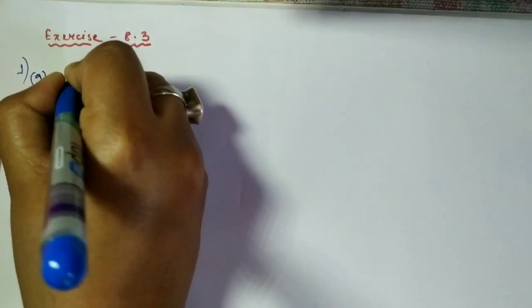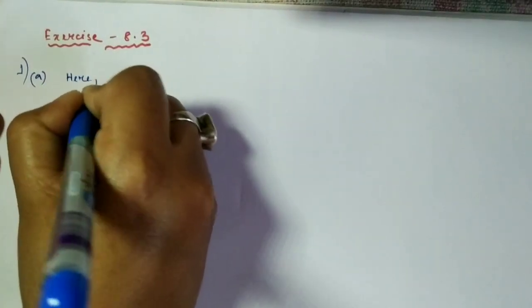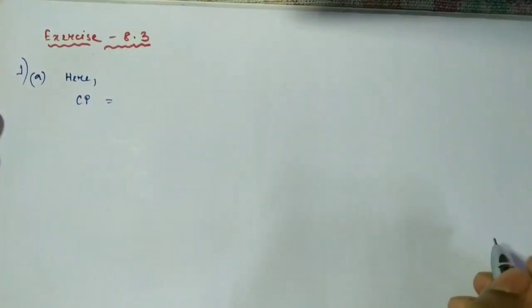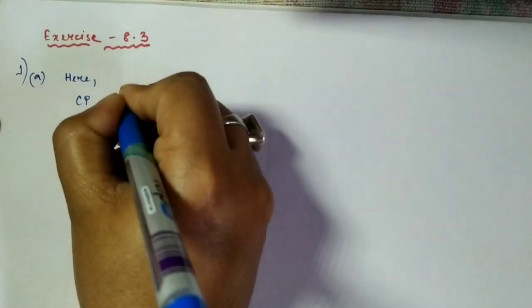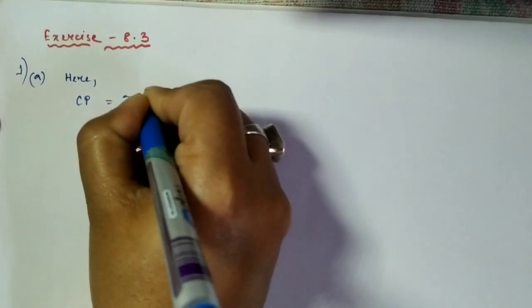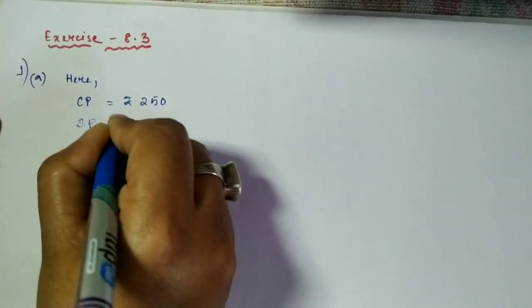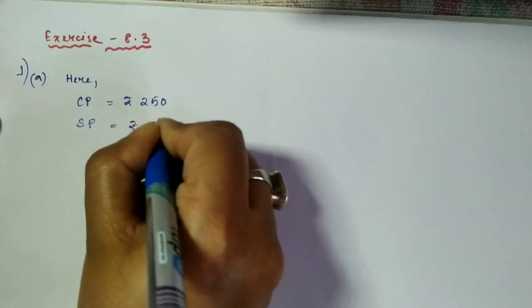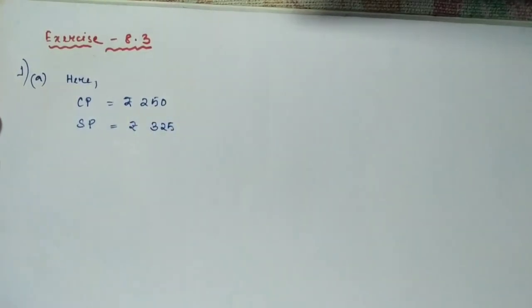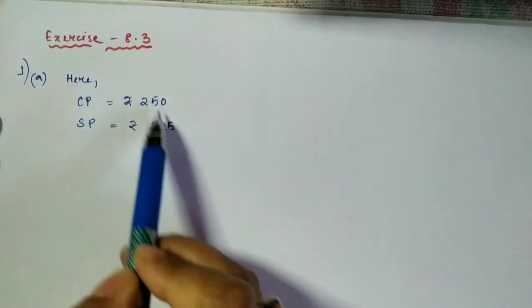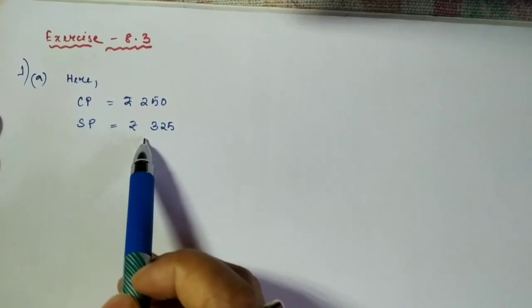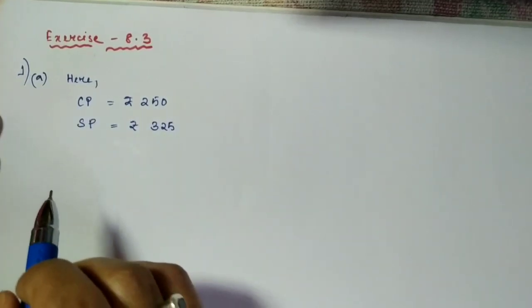So I'll write here CP, you can write, no need to write cost price in full statement, you can write CP. CP is equal to rupees, how much it is given? 250. And sold for means selling price, SP is equal to rupees 325. Okay, now you see, you have to compare which one is greater. You can see the selling price is greater than the cost price.